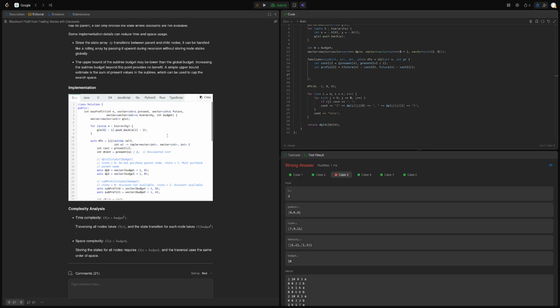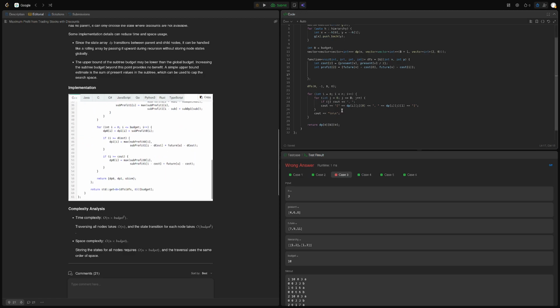Even AI can translate that. So let's say I have some budget. Do I really care about that?